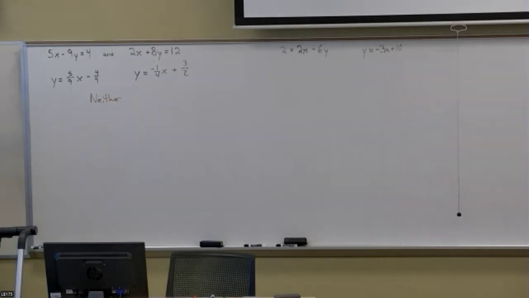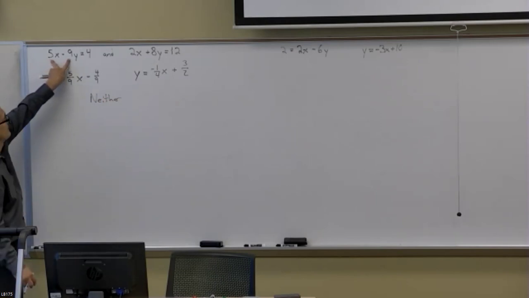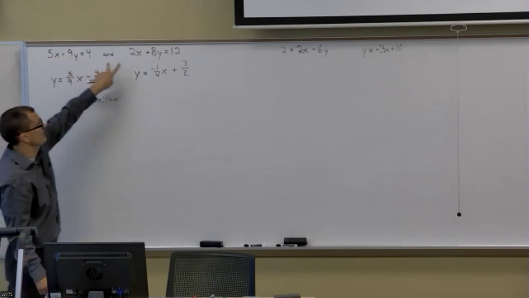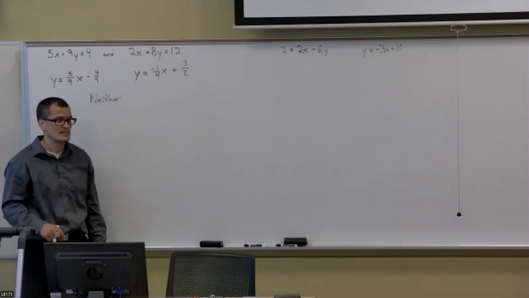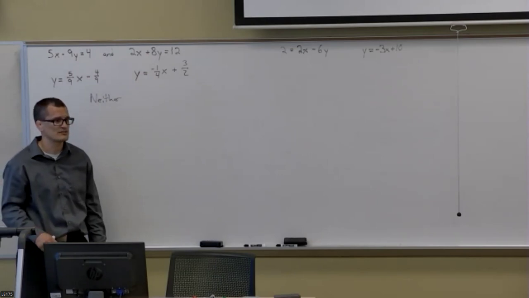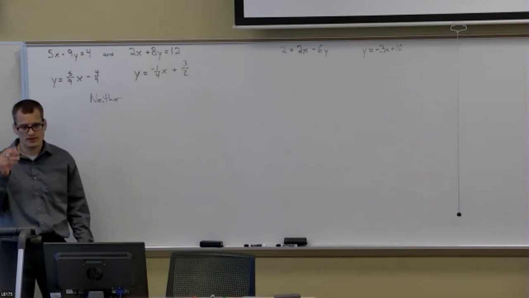Either way, you could probably have seen that by just realizing we're talking about 5s and 9s versus 2s and 8s. Those are not going to be the same fractions or negative reciprocal fractions, just via the numbers there.